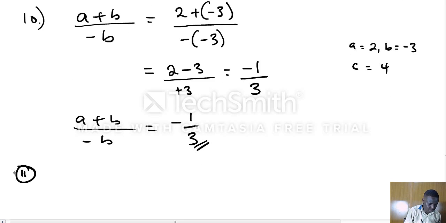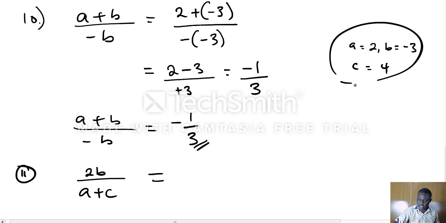Question 11 is 2B divided by A plus C, which is equal to, remember, these are the values of the variables.